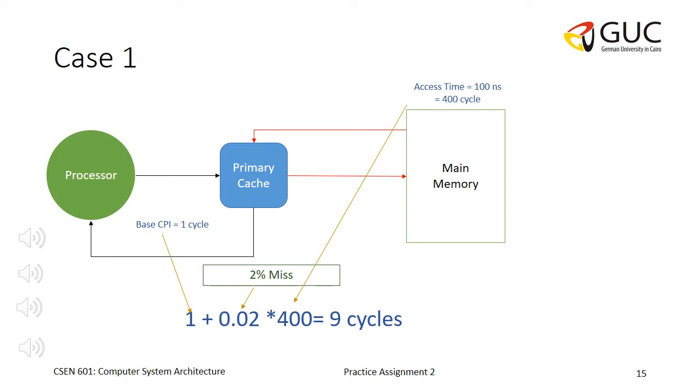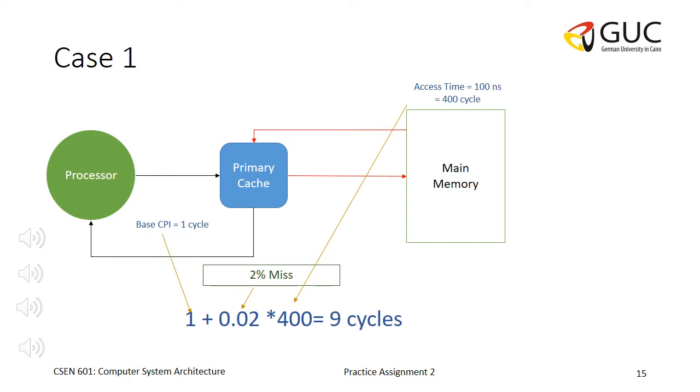But we need to convert this into cycles, because we need to have the average CPI for the first case and the second case. So in order to convert from nanoseconds to cycles, we need to multiply by the processor's frequency, which is 4 gigahertz. So by multiplication, we get 400 cycles.